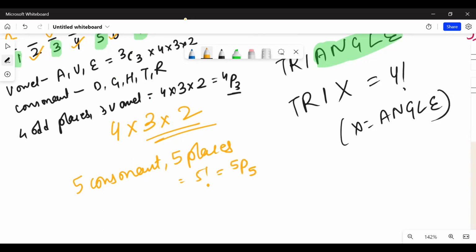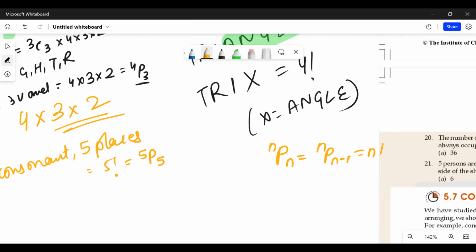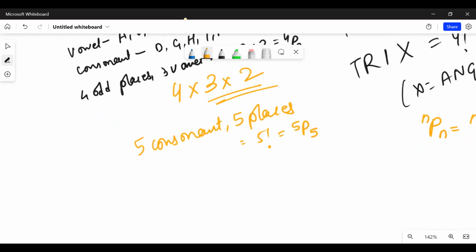Please remember nPn or nPn-1 all mean n factorial. 6 persons, 6 chairs: 6 factorial. 7 persons, 7 chairs: 7 factorial.